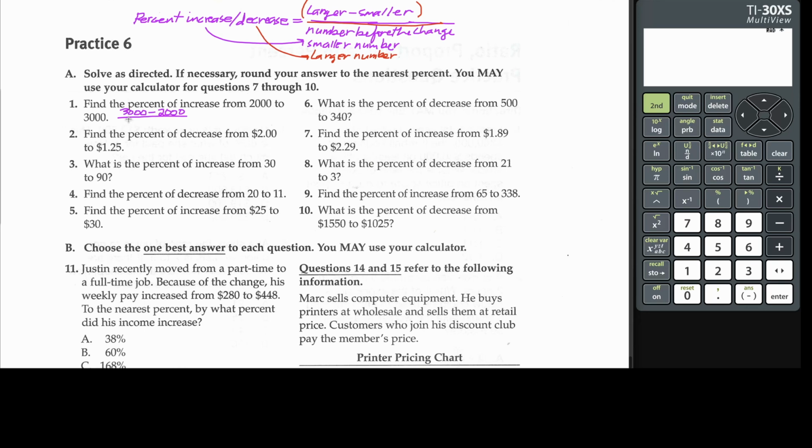So the smaller number is the 2,000. Now 3,000 take away 2,000, that's 1,000 difference. That divided by 2,000, and you know that's going to be 0.5.